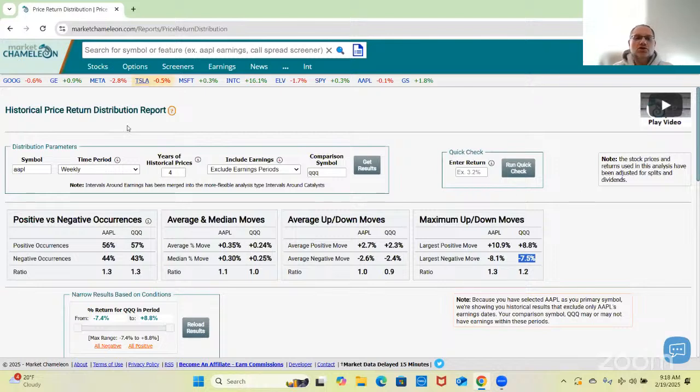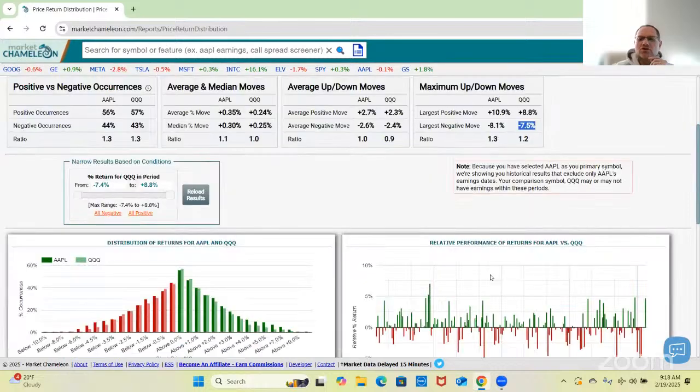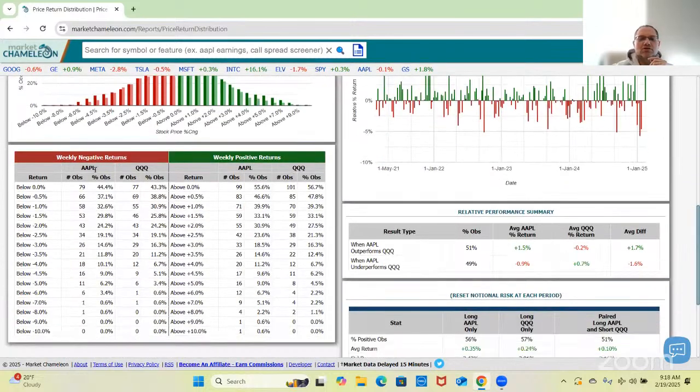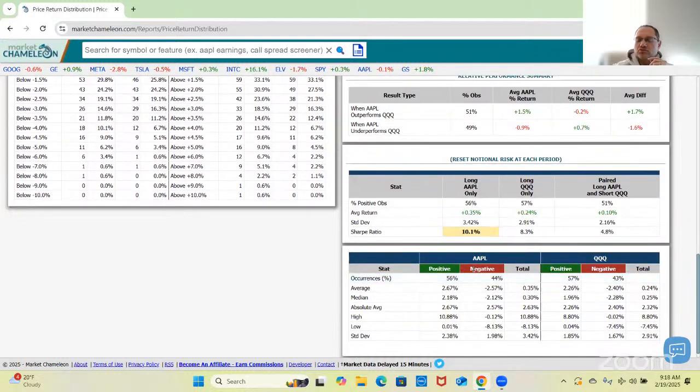Keep in mind, this is looking at weekly returns. And down here, we get the table side-by-side comparison. So you can see here, Apple, QQQ, Apple, QQQ, and so forth.